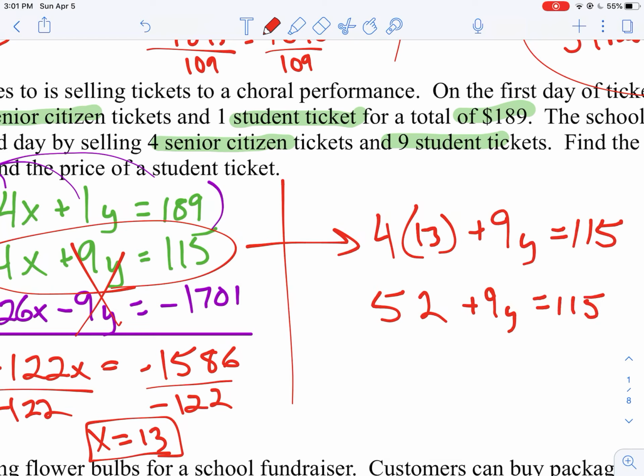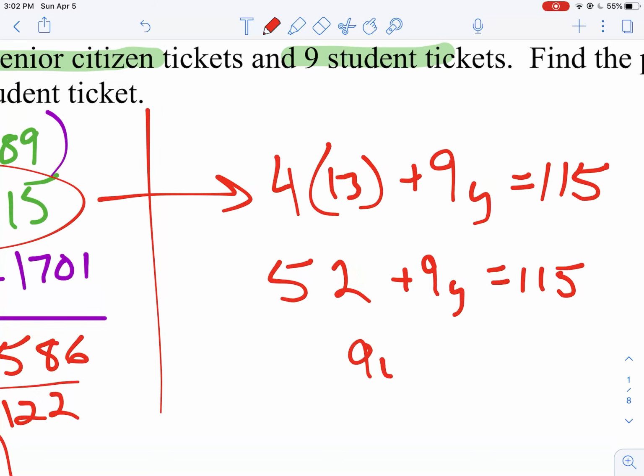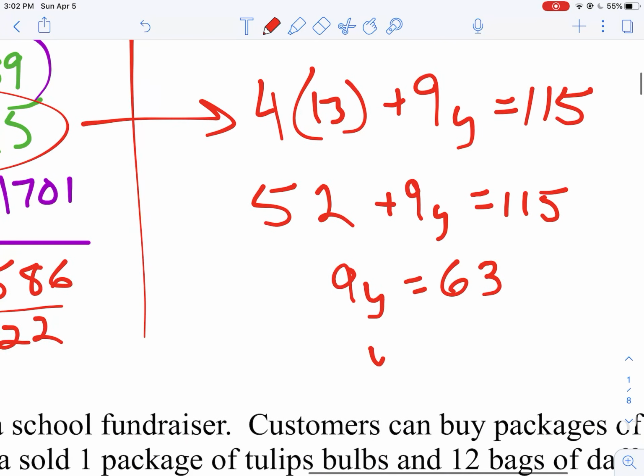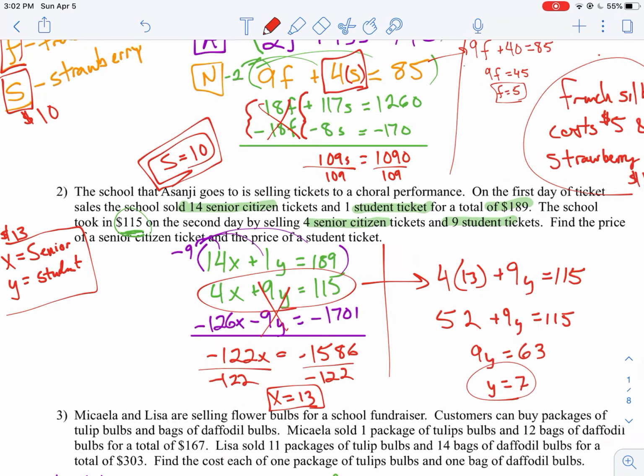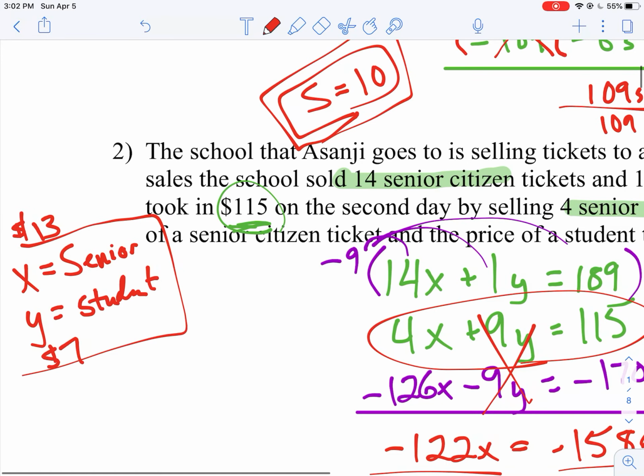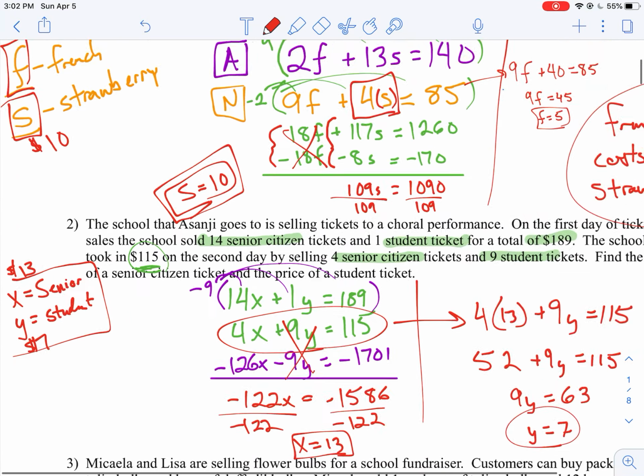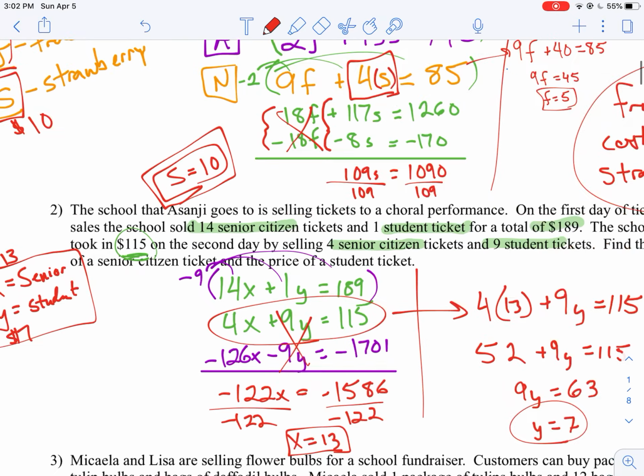I'm going to subtract 52 from both sides, and that's 63. And then divide by 9, y equals 7. What does that mean? That means that the student tickets cost $7. Now we have our final answers here. Write it out.